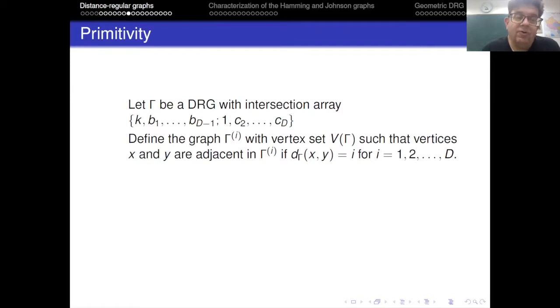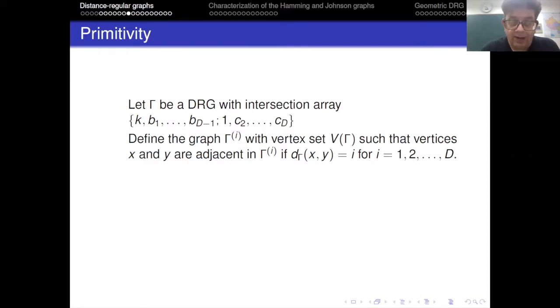So now I will look at the primitivity of a distance regular graph, because I would like to discuss primitive distance regular graphs. Take a distance regular graph with intersection array k, b1 up to b_{d-1}, and a1, c2 up to c_d.